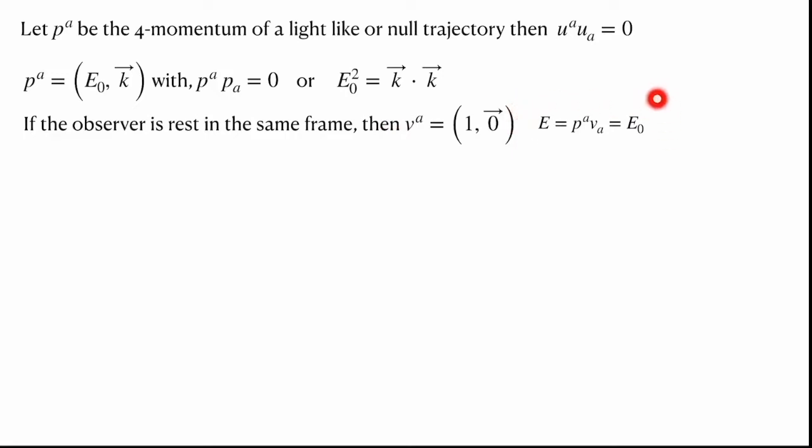Then the energy seen by this observer is given by simply E_0. Often this is called the emitter of light, because you can think of it as an observer who is emitting light, and the light would be propagating at this speed, and that would be the observer given by the 4-velocity (1, 0). So it's a rest observer with respect to the light.